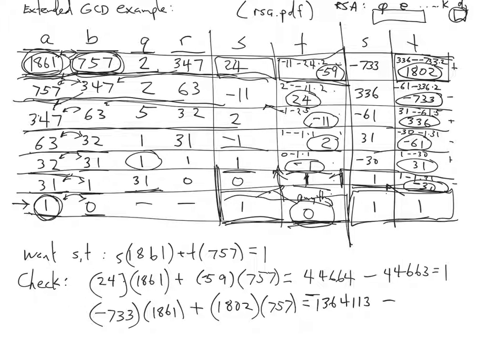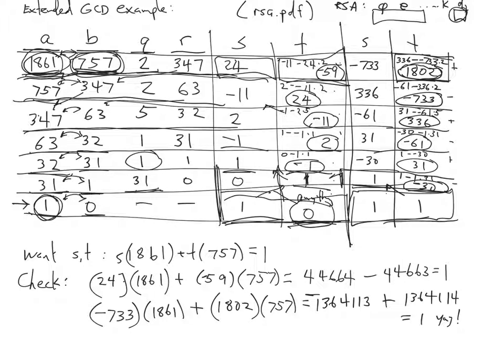Oh, and that is negative, plus 1802 times 757 is positive 1364114, which is in fact equal to 1. Yay. Okay, so these are two different ways of doing it. If we were doing RSA with 1861 as phi and 757 as E, then the 1802 would be the D we need to use to decrypt.